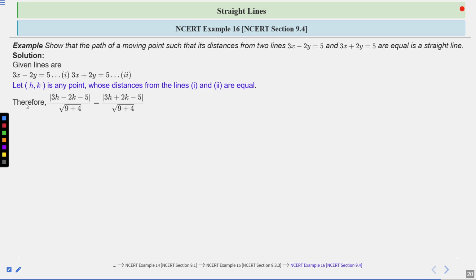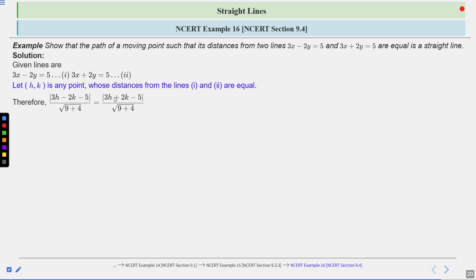Therefore the distance of the line 3x minus 2y equal to 5 from the point h comma k is modulus of 3h minus 2k minus 5 divided by square root of 9 plus 4. And the distance of the line 3x plus 2y equal to 5 from the point h comma k is modulus of 3h plus 2k minus 5 divided by square root of 9 plus 4.